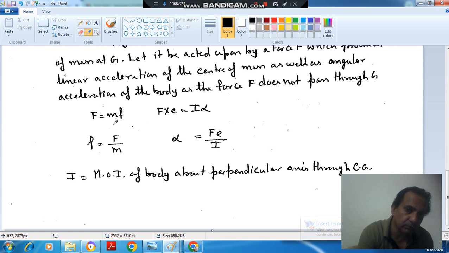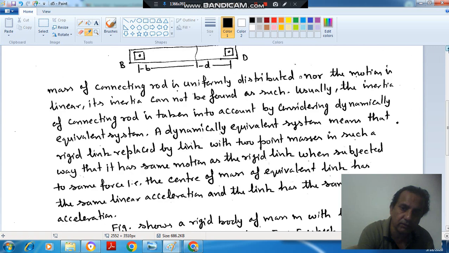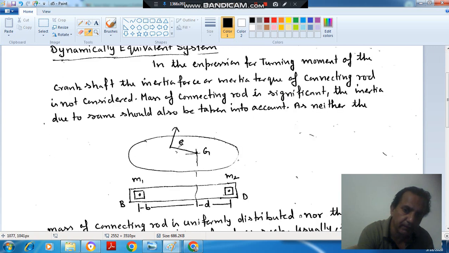Capital F is the force applied and small f is the acceleration, so capital F is equal to m f, so f is F by m. It will produce acceleration f as this force is applied at a distance e.